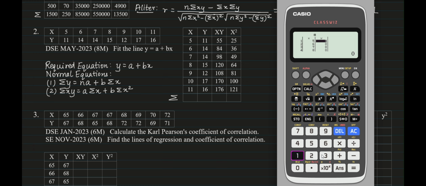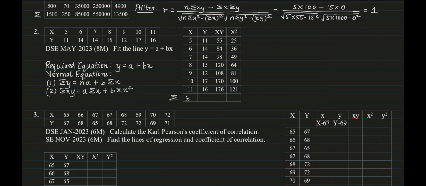In front of 5 we have 11, 6 14, 7 14, 8 15, 9 12, 10 17, 11 16. Press AC, save this, go to options, two variable calculations, where we find summation of x is 56 and summation of x square is 476.